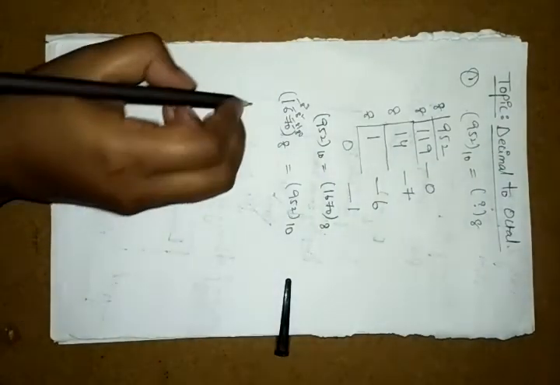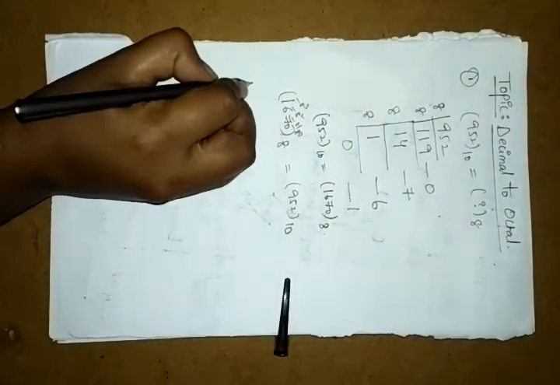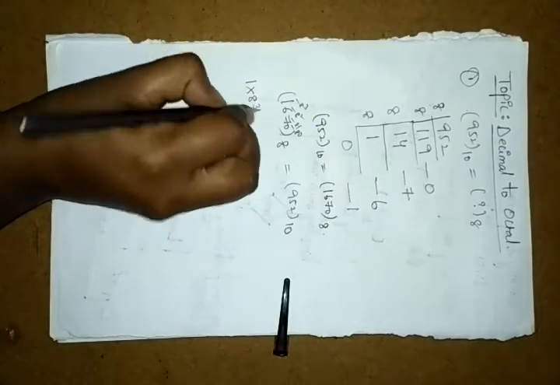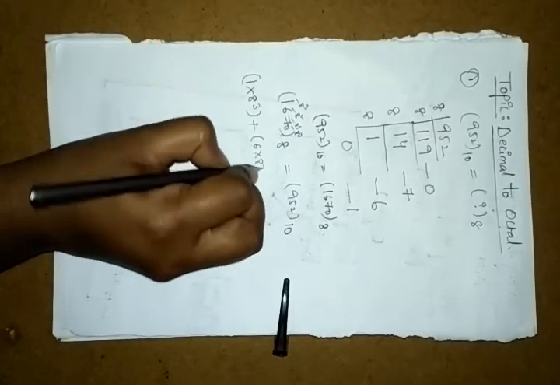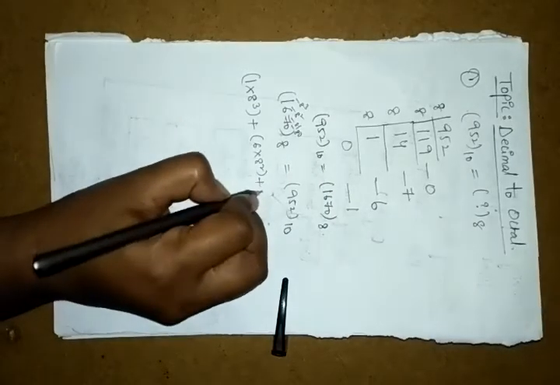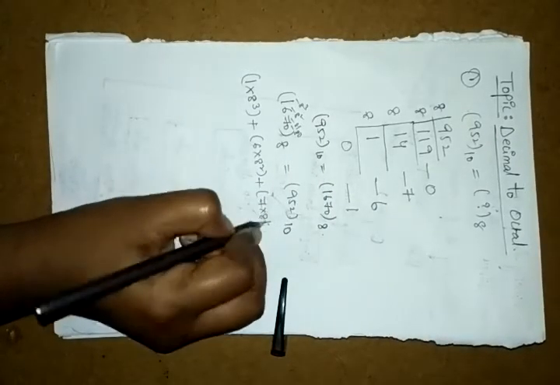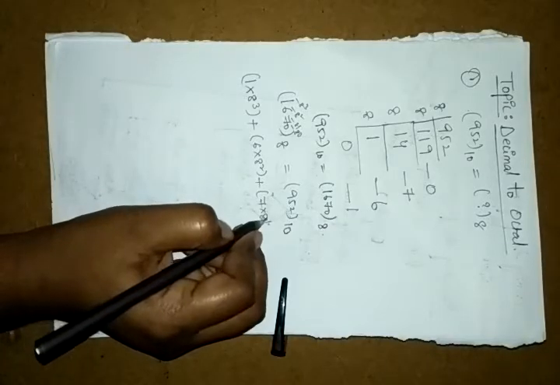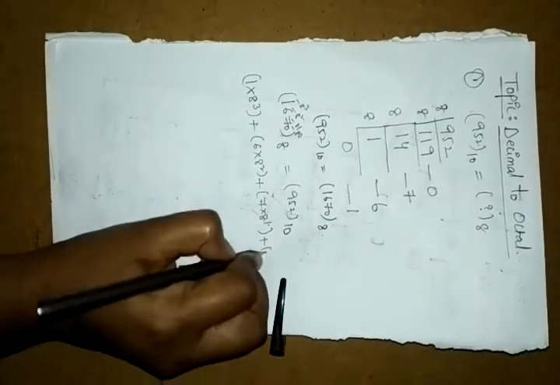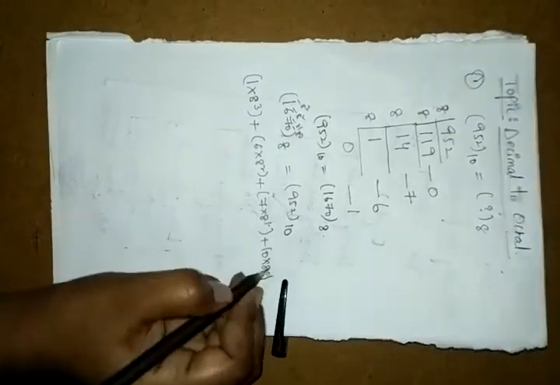So 1 into 8 power 3 plus 6 into 8 power 2 plus 7 into 8 power 1 plus 0 into 8 power 0.